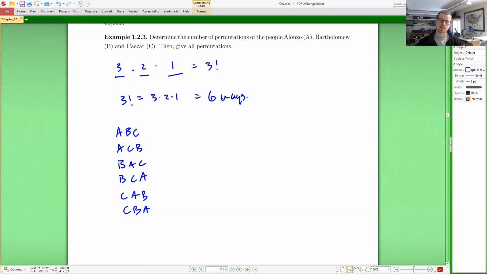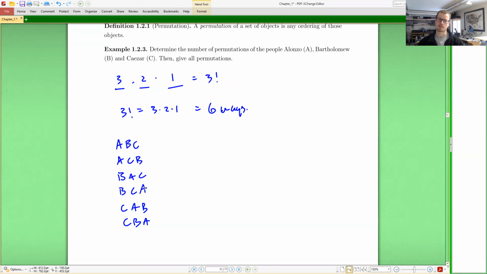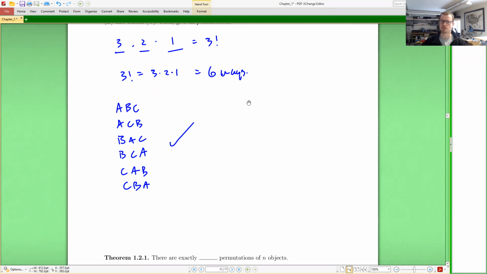The next would be starting with B. So alphabetical order, starting with B, and then alphabetical order, A, C, and then swap them. C, then alphabetical order, A, B, and then swap them. So that gives us our 6 permutations. Excellent. So those are permutations.